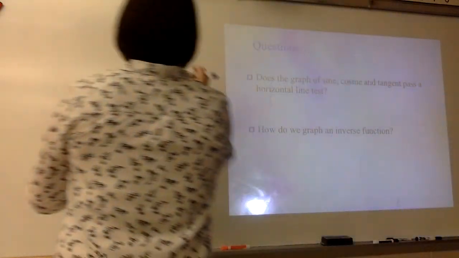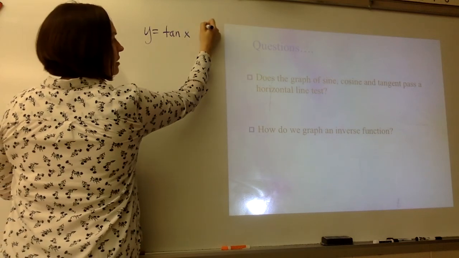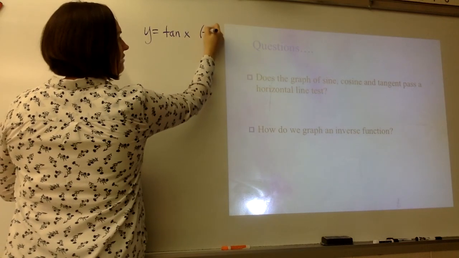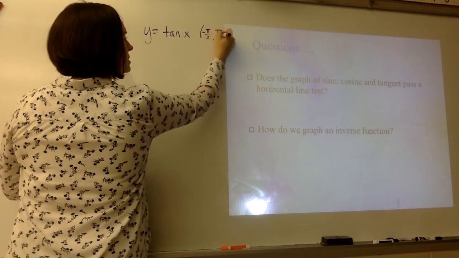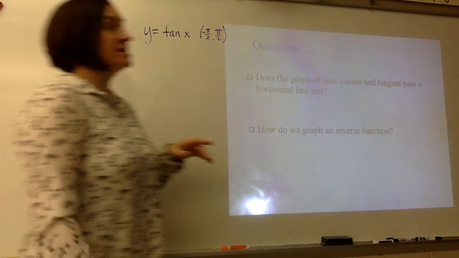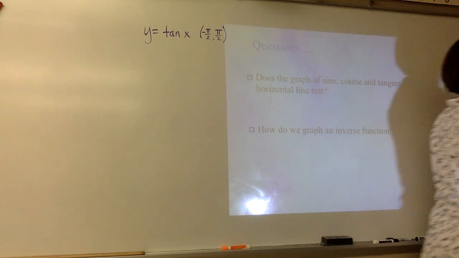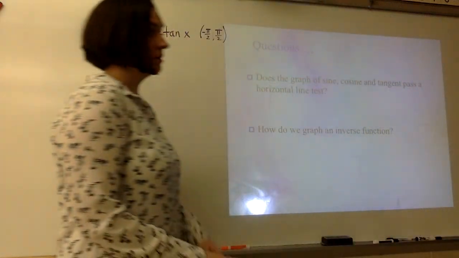So when I look at tangent, y is equal to tangent of x, and I tell you that it's on the interval from negative pi over 2 to pi over 2, if I just focus on that piece, which I have here in purple, doesn't that pass the horizontal line test? Yes. Okay.